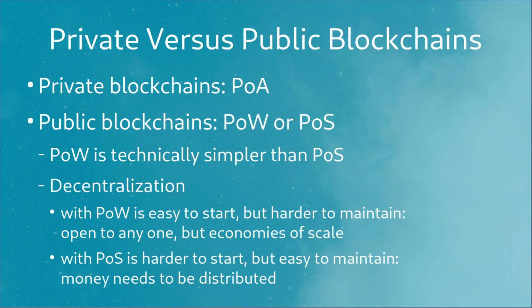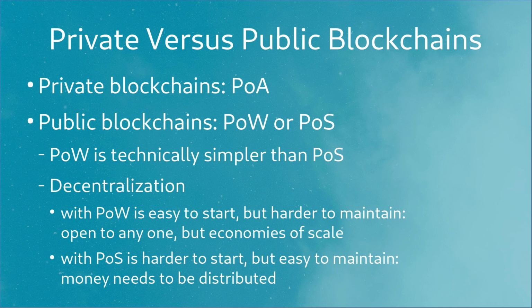They know each other, and for them proof of authority is ideal for two reasons. It's the most efficient consensus mechanism, and also every validator has to prove their identity, so they are sure that the person who is validating is someone they know and is trustworthy.